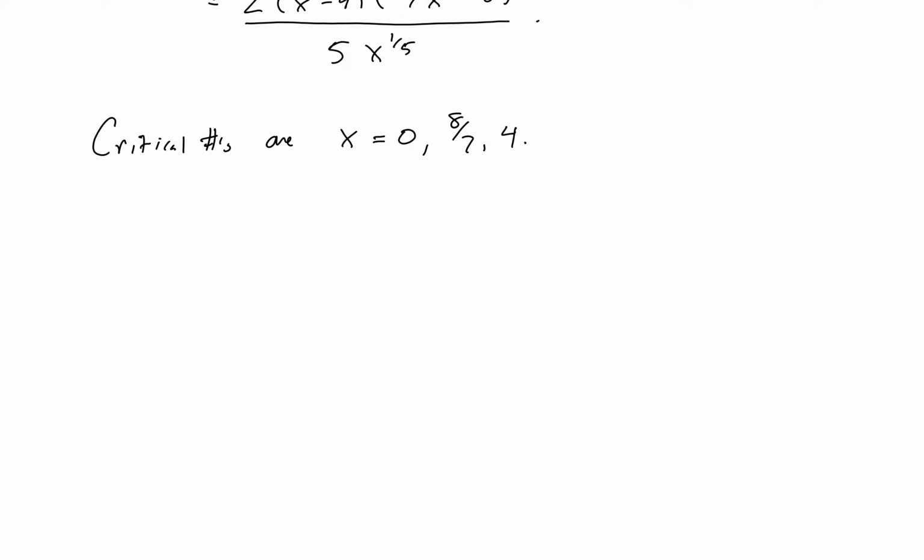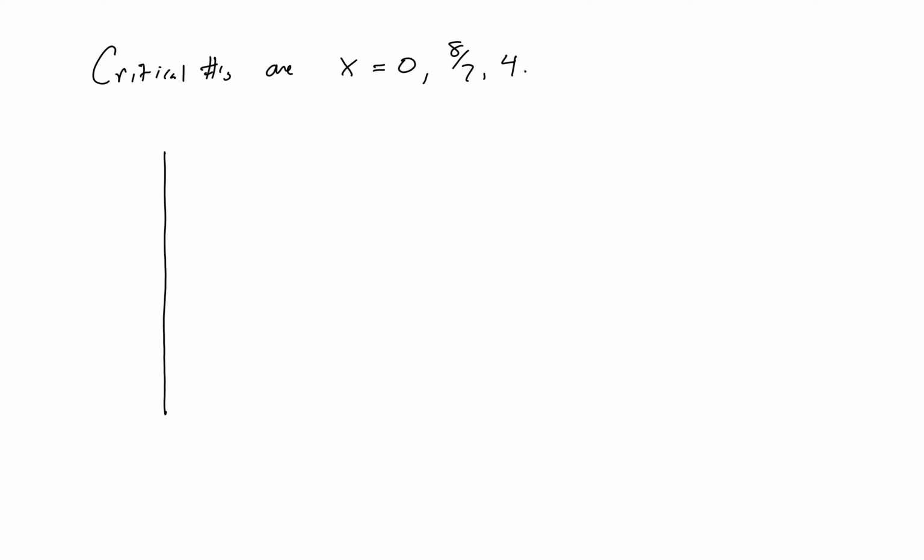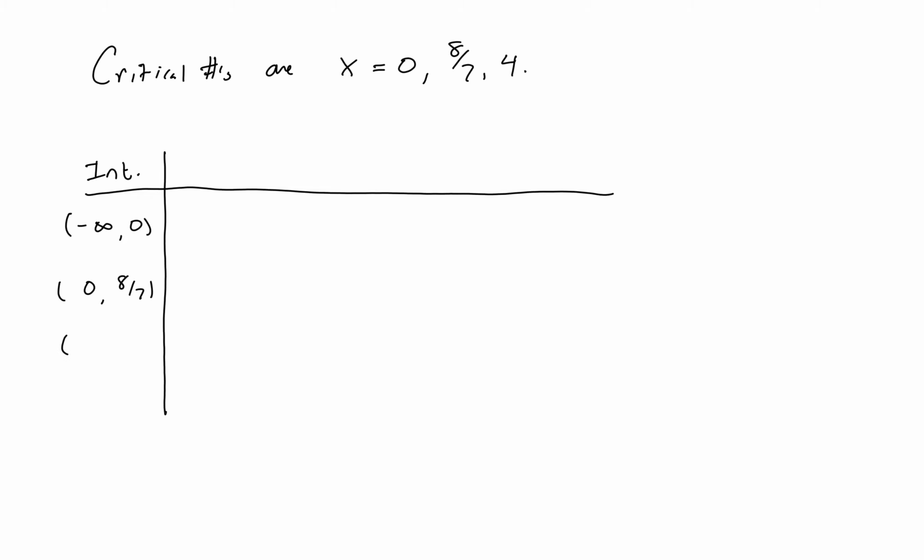Now we're going to break up the real line again, just like we did in the last example. So we're going to go from minus infinity to 0, 0 to 8/7, 8/7 to 4, 4 to infinity.